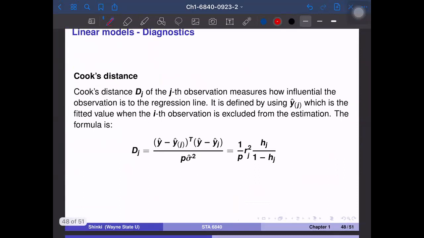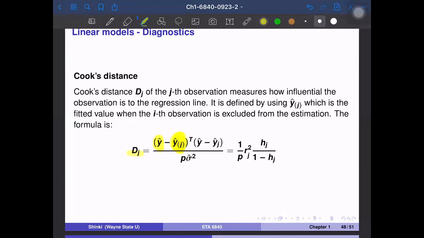And Cook's distance is defined by this quantity d sub j. And d sub j is defined by using y hat and y hat subscript j. So what is y hat subscript j? Actually, this measures the impact of the j-th observation, xj, yj. And this y hat subscript j is calculated in the same way as y hat, but we don't use the j-th observation to get the regression line.